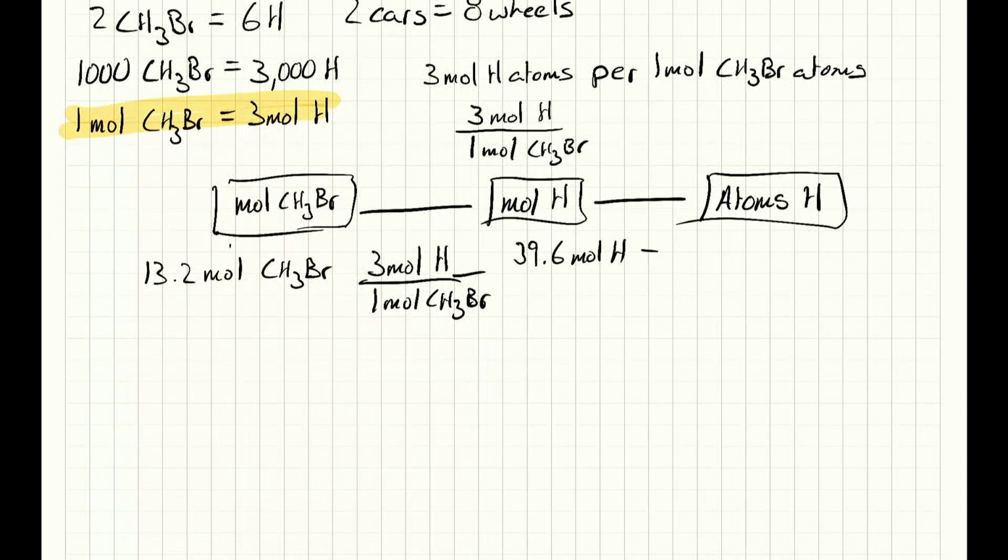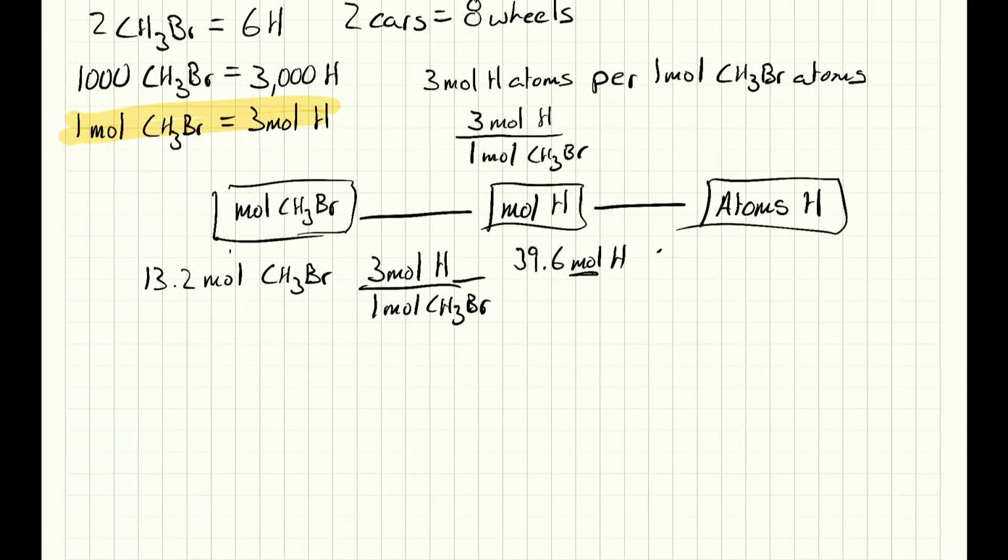And now we want to go to just individual atoms. So we're going to convert this mole to atoms. And to do that, like on all these other ones that we've been doing, we go 6.022 times 10 to the 23 atoms is 1 mole.